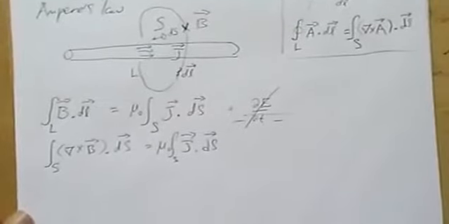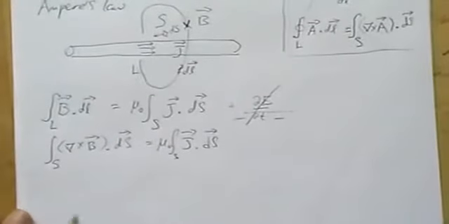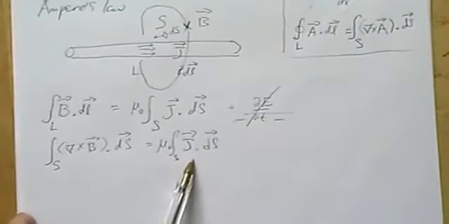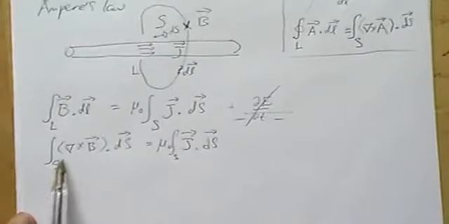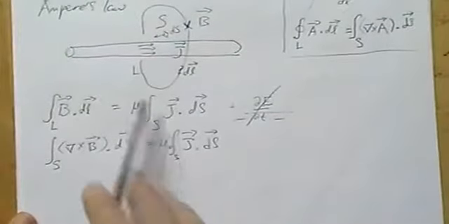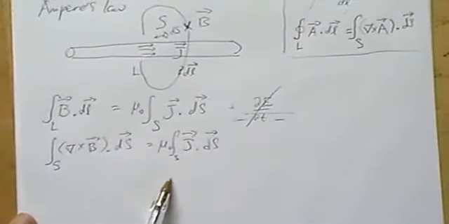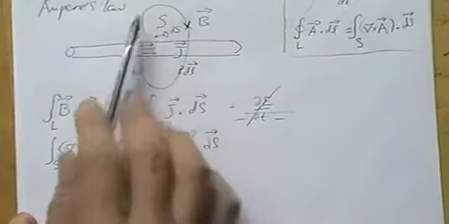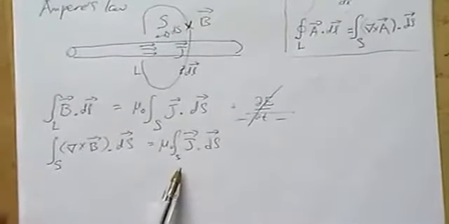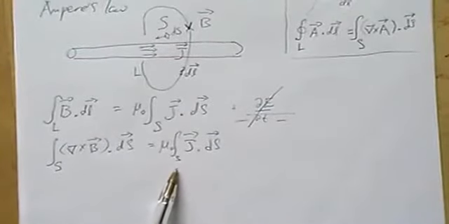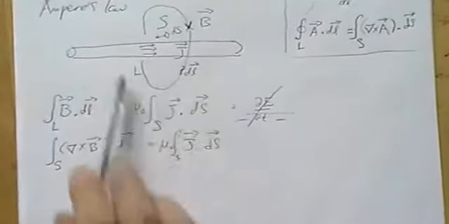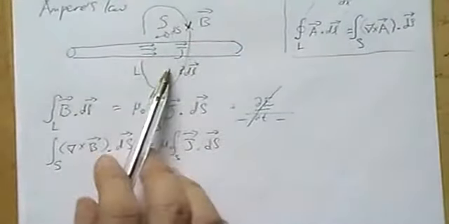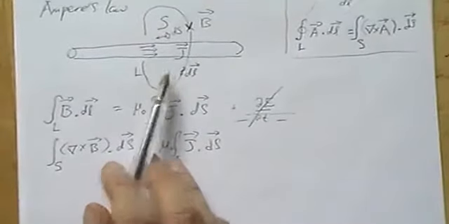And then the argument is that since the left side and the right side are always equal, regardless of the surface or the loop that we actually choose, meaning that we can choose the loop to be big or small or anywhere in space, right? You can include the wire, or it does not even have to include the wire.